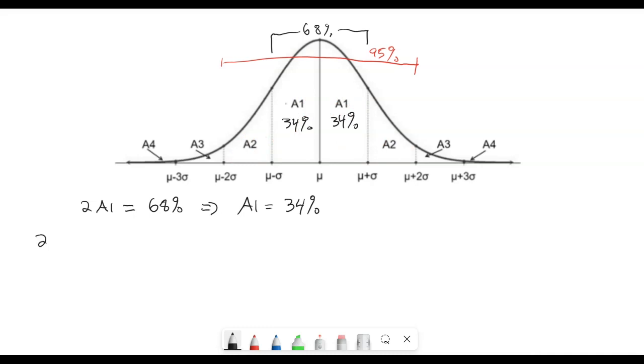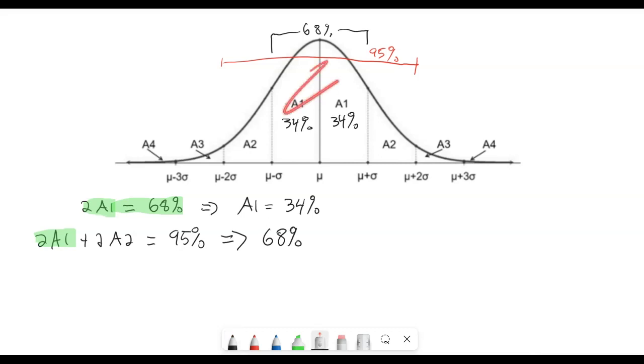So we have 2A1 plus 2A2, and that is 95%. Now here's where we start to recognize some patterns. 2A1 is 68%, so I can just replace that with 68%. We already know this area. So we have 2A1, that's 68, plus 2A2 equals 95%.